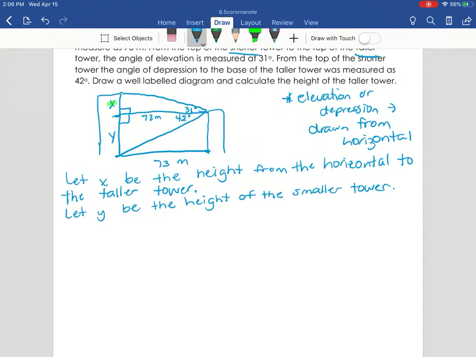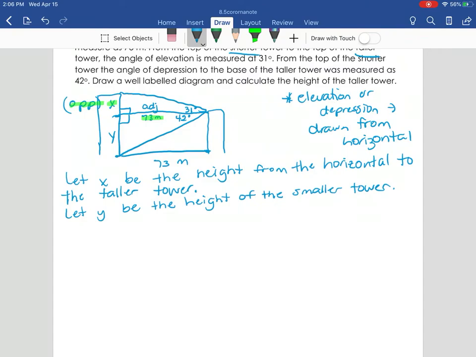If you have a highlighter, we have x over here that I would say is the opposite side to angle 31. And we have this down here, this 73, which is adjacent to 31.